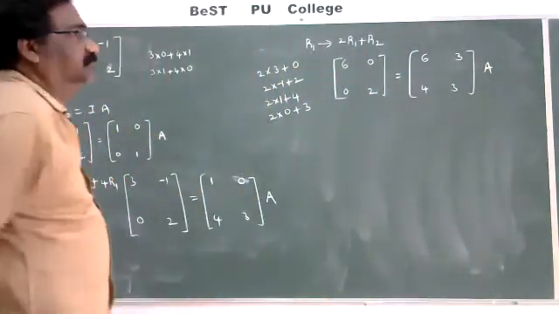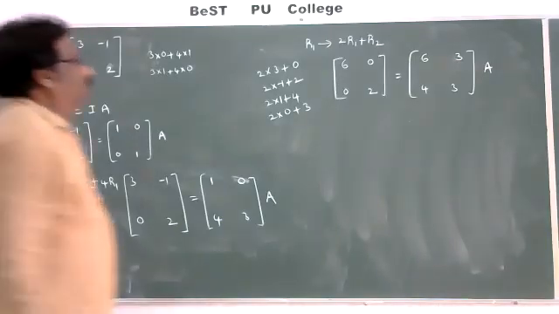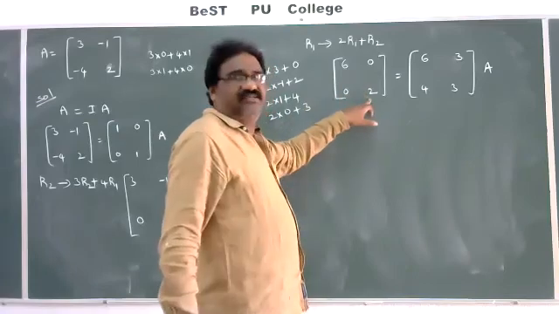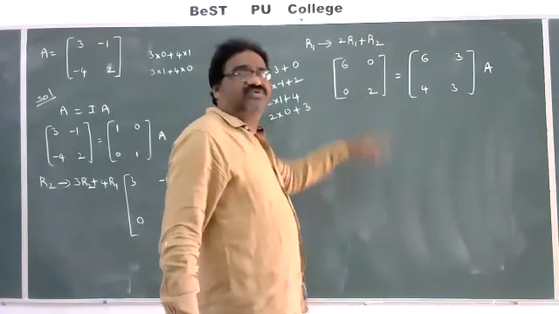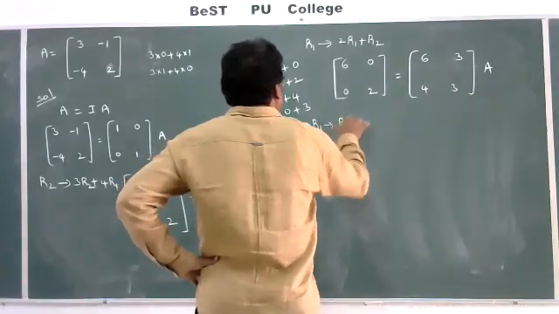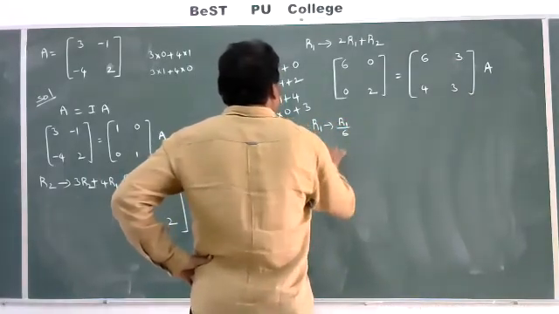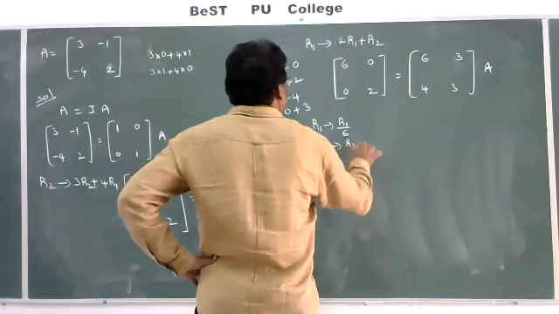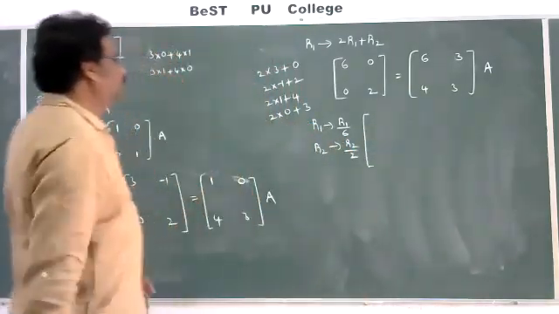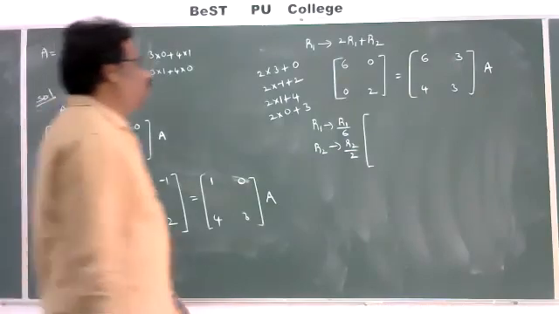Here, we require 1 here and 1 here. That's why R1 goes to R1 by 6, and R2 goes to R2 by 2.